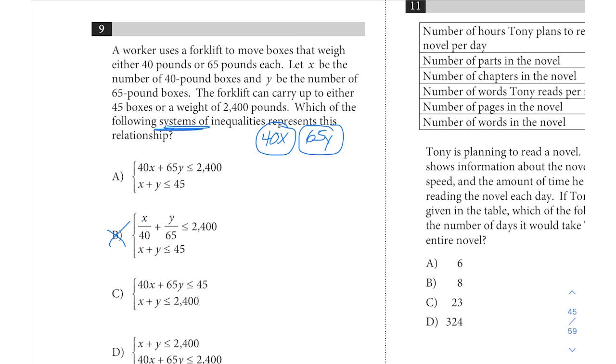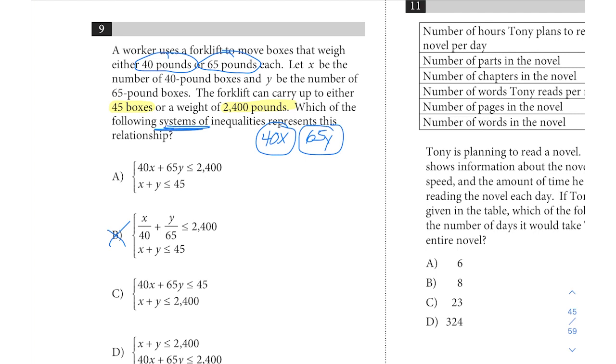Let's check what each one should be. So there's going to be one that has to do with the number of boxes, and there's going to be one that has to do with the number of pounds. So remember, when we're talking pounds, that's where we're going to include the 40 and 65 numbers.